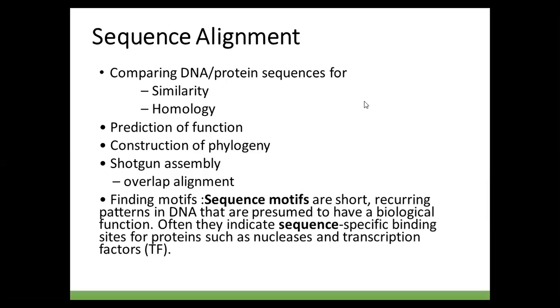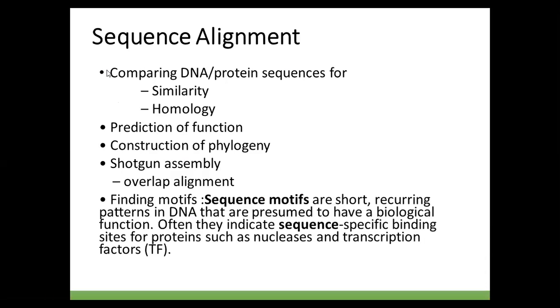In comparing, we try to find the similarities and the homology. Those two things we look at. We also discussed prediction of function and construction of phylogeny. These are the separate usefulness of sequence alignment.